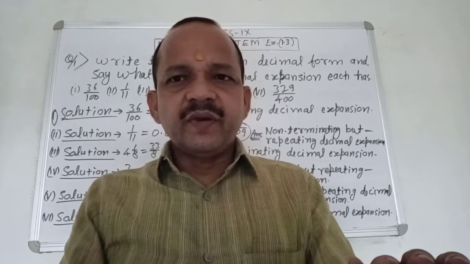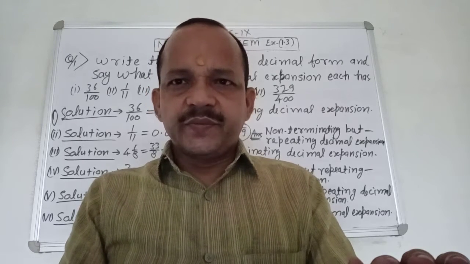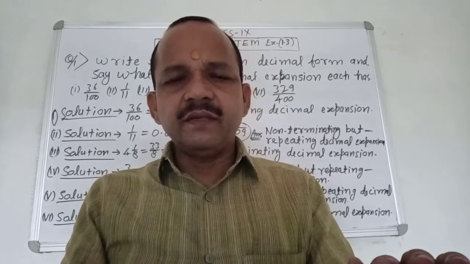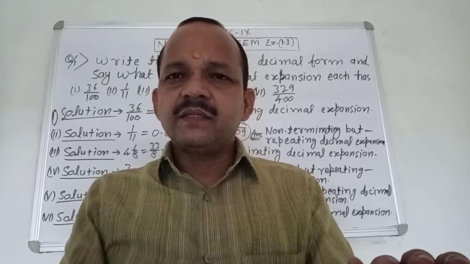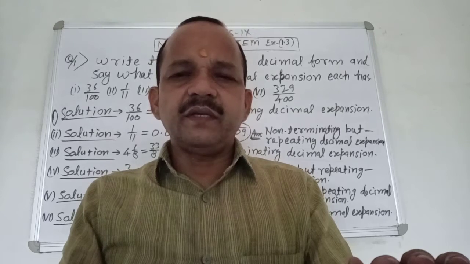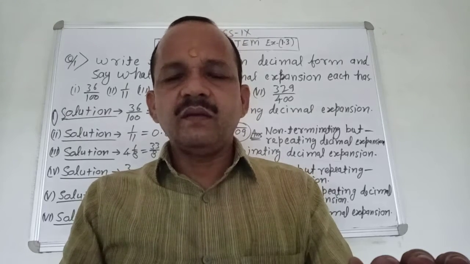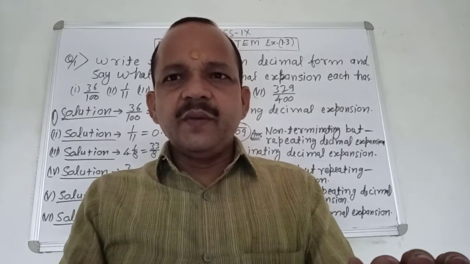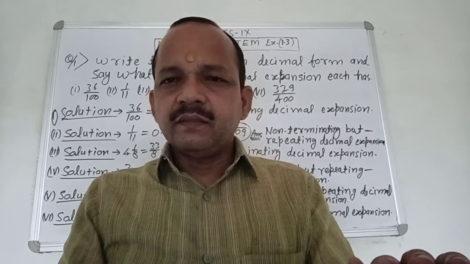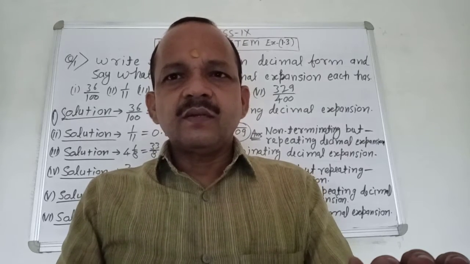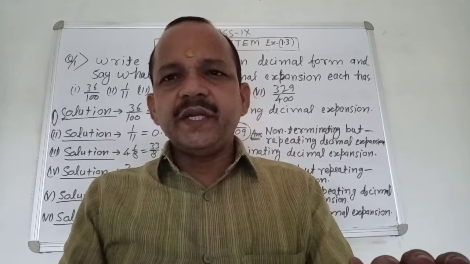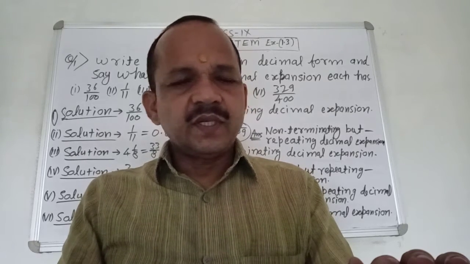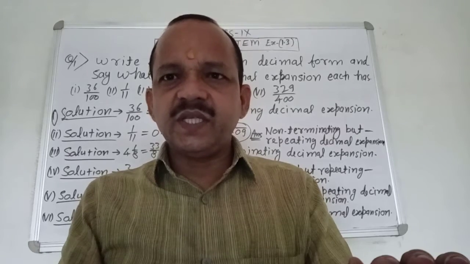Clear? Fractions are of two types. First, terminating decimal expansions, and second, non-terminating but repeating decimal expansions. For example, the terminating fraction 1 by 4 equals 0.25, which is a terminating decimal expansion.